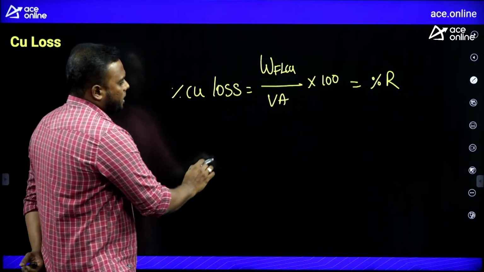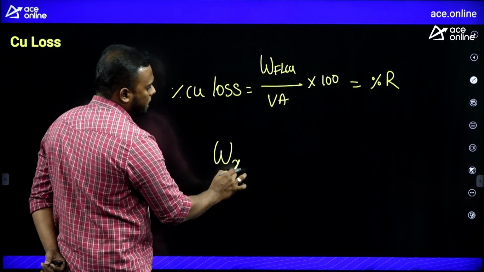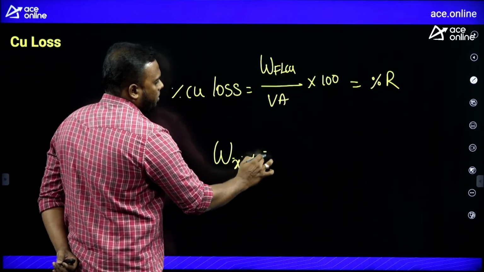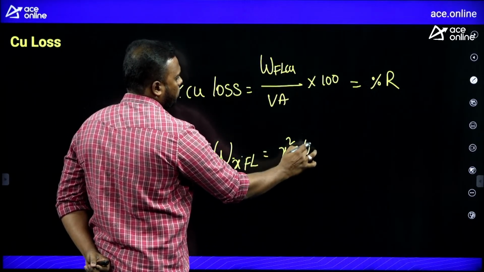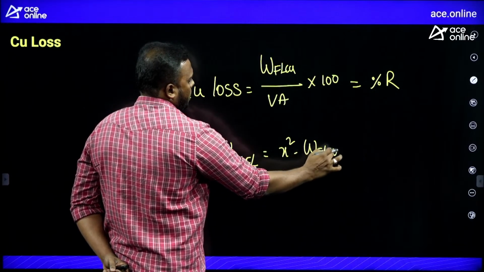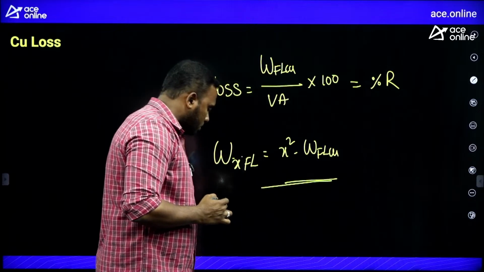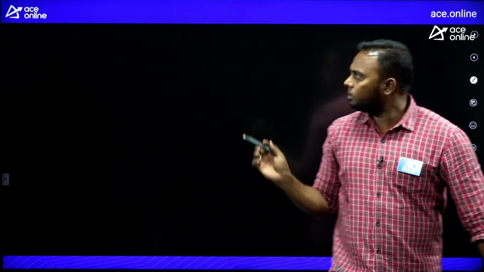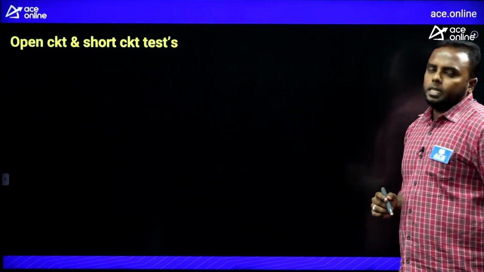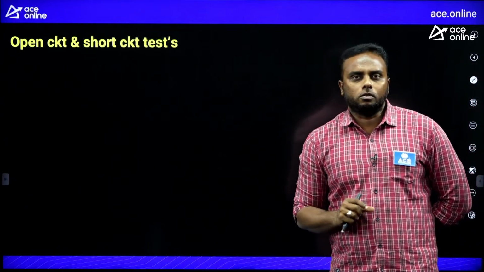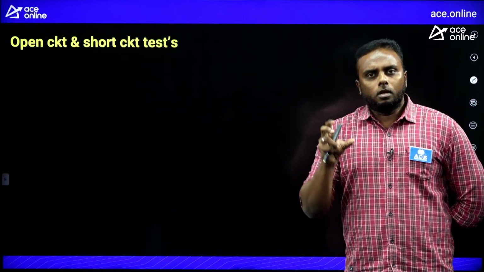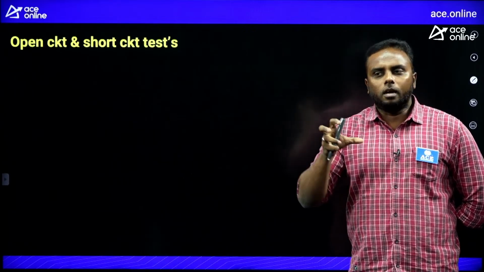How to find copper loss at any fraction of full load? At X times full load, copper loss is X square into full load copper loss. Suppose you want half full load, it is 1 by 2 whole square into full load copper loss. Next, from open circuit and short circuit tests, what we need to focus on. If they give OC data, they may ask for some parameters.